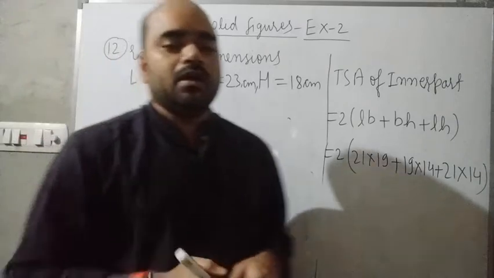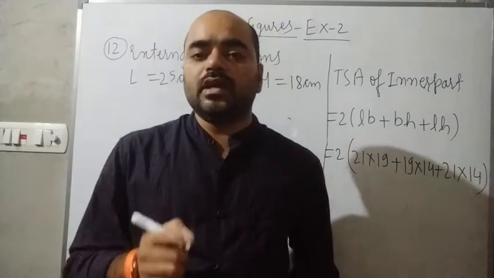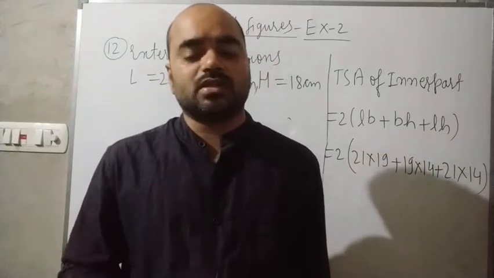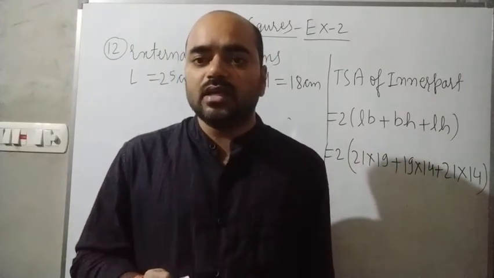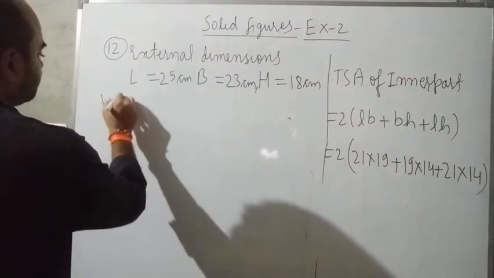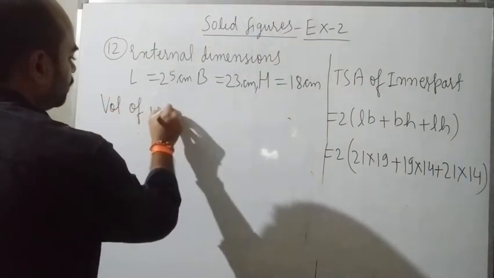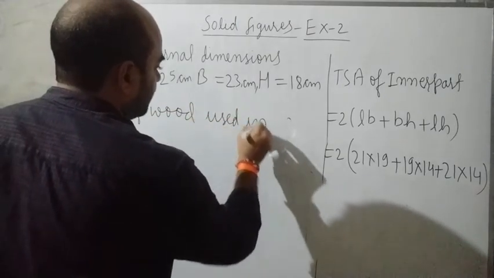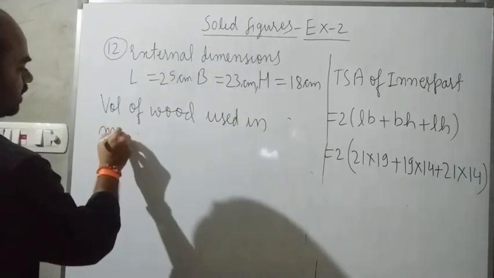For this, we have to find the volume of the material used in the room or the box. And what is the material here? That is wood. So, what is the formula? Volume of wood used in making the box.